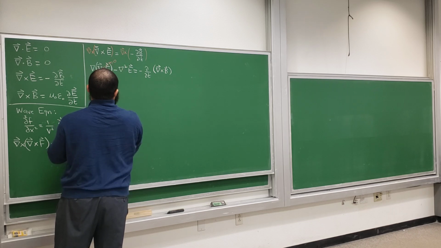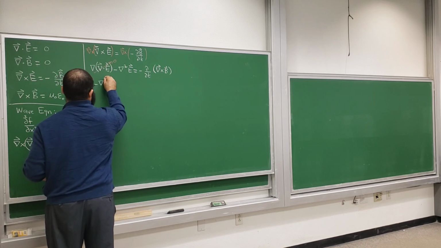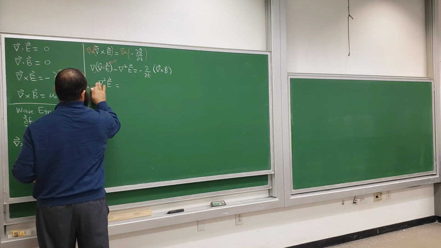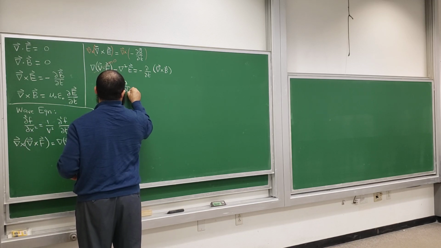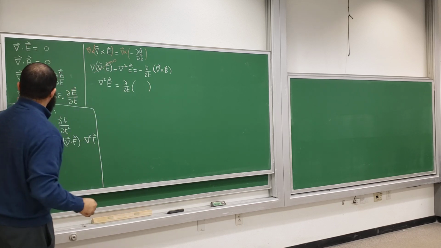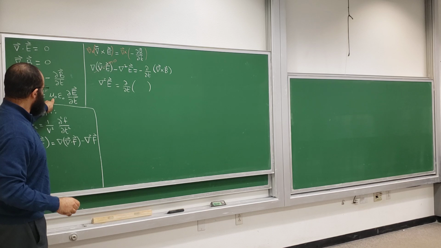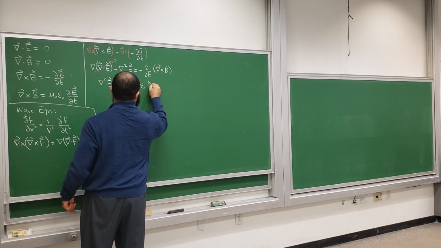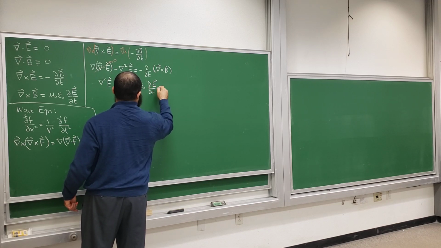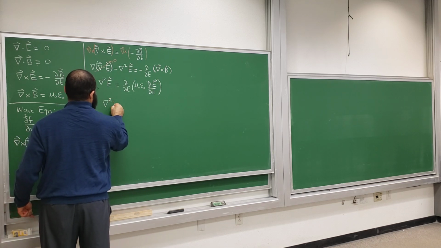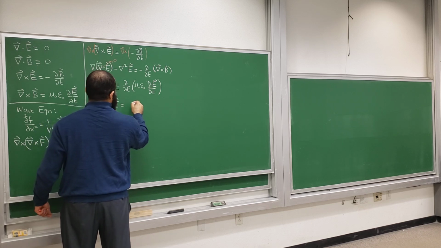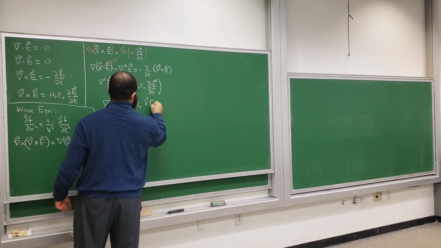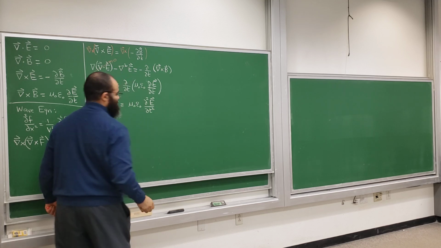So this term dropped, and on the left side we had minus this squared equals, a minus sign and a minus sign, they both go away, and we just have d dt of the curl of B. But the curl of B, according to the 4th equation, is mu naught epsilon naught, the time derivative of E. And so we get del squared E is equal to mu naught epsilon naught, and then the time derivative of the time derivative would be the second time derivative of E. So this equation here.